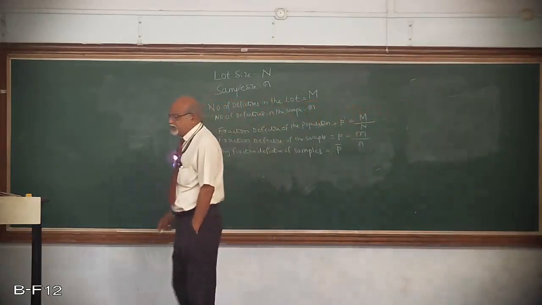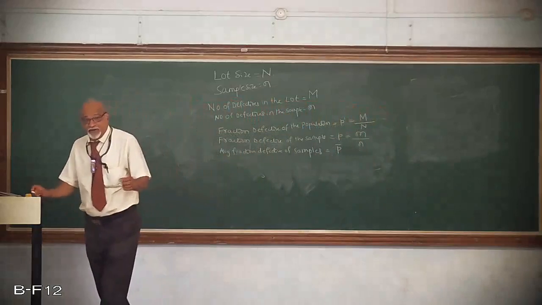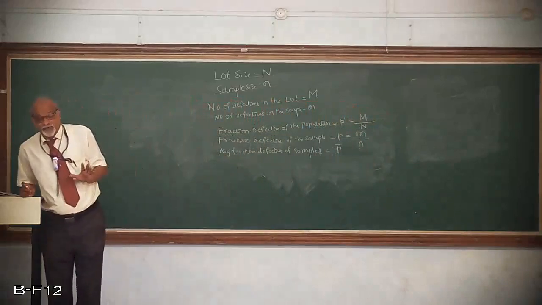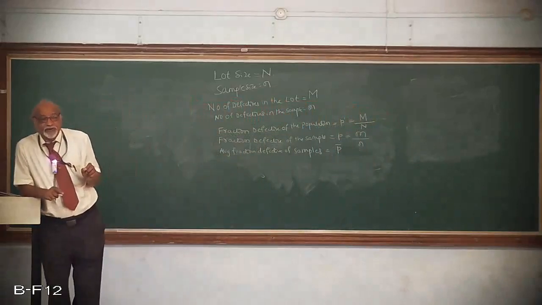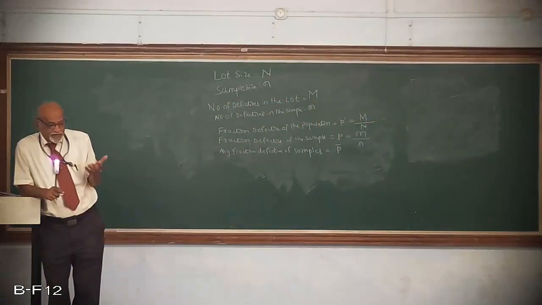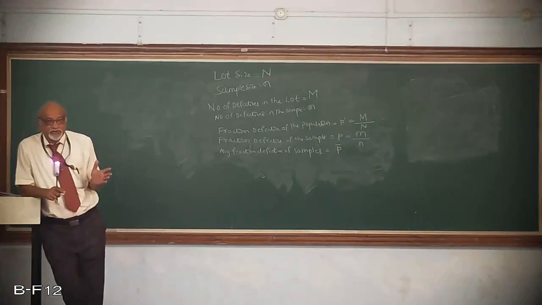Out of 50, I want that it should not contain more than one defective. I will take a sample of 50 from a lot of 1,000 and I will test those 50. If it contains more than one defective, then the entire lot will be rejected. How did I fix this?